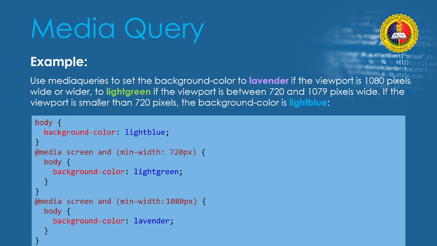If the screen's minimum width is 720, meaning 720 and above, then the background color is light green. And if the screen is 1080 pixels and wider, then it's going to be lavender. And else, it will be light blue, meaning below 720, it's going to be light blue. Do you follow, guys, or am I talking too fast?